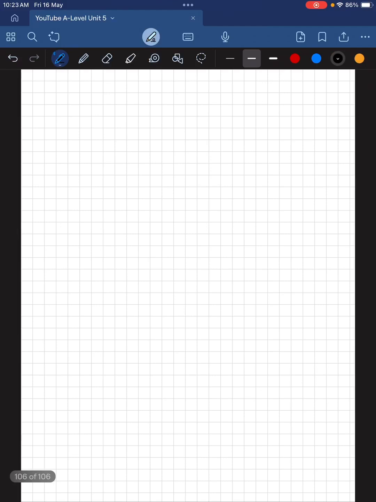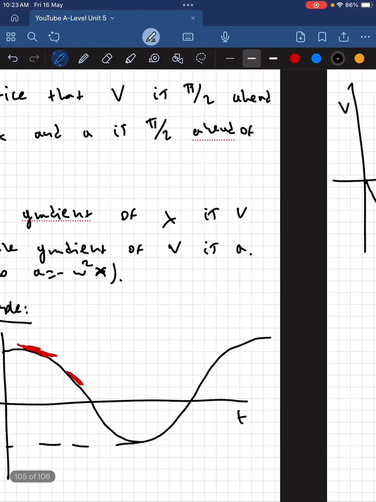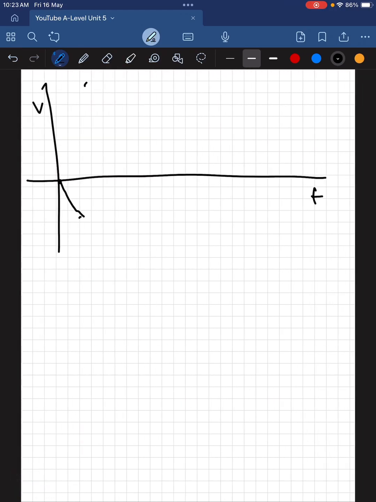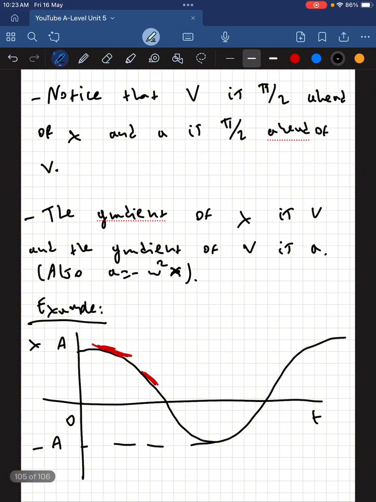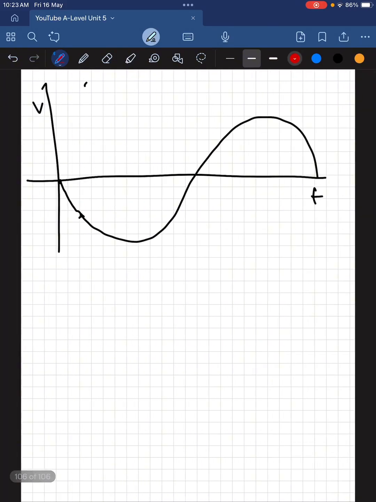So you can safely infer that, since the displacement is at the maximum, the velocity is pi over 2 shifted with respect to the displacement. So you can safely say that it starts at 0, okay? And it's negative because of this negative slope, okay? So this is what the velocity looks like. Hope this makes sense.